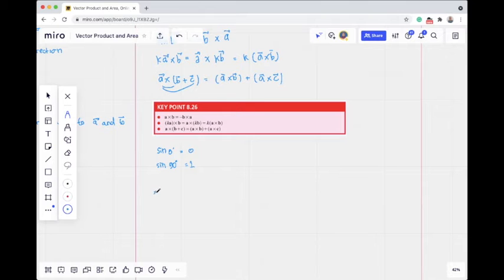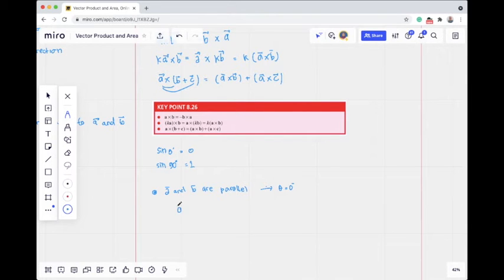If vector A and vector B are parallel, it means the angle theta is 0.